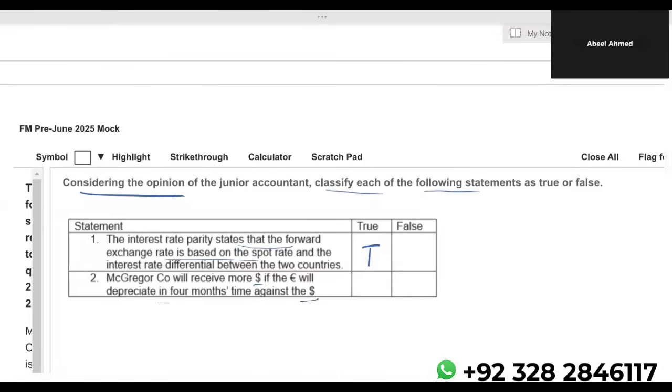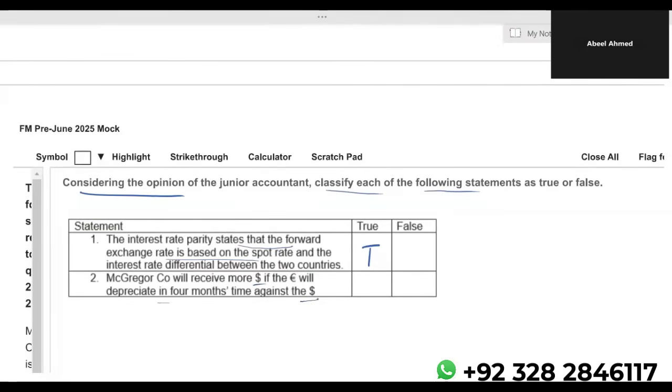But let me tell you one very basic concept. In case of export, meaning in case of receipts, if your home currency is getting weaker, then you will get the gain.